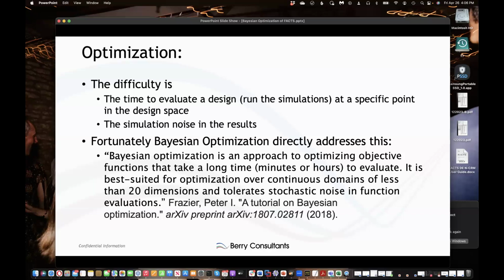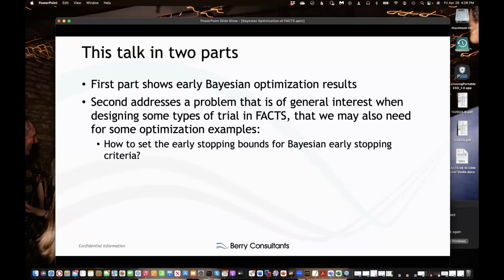And they tolerate stochastic noise in the function evaluation. So this is exactly the problem we have. They're well suited for optimizing over continuous domains and less than 20 dimensions. We can probably keep our problem space down to less than 20. Not all our domains are continuous; we'll discuss at some point how we might handle that.